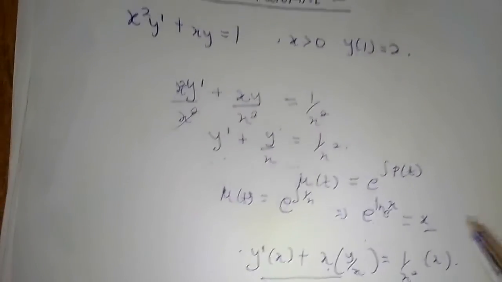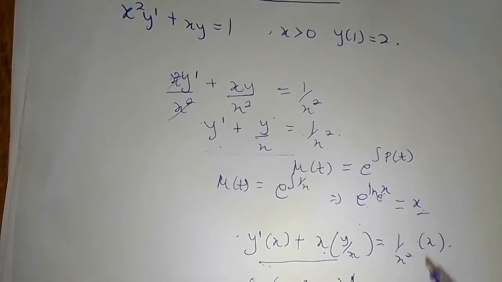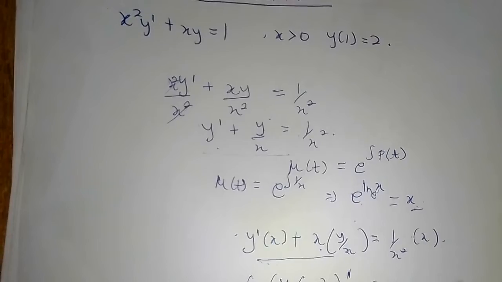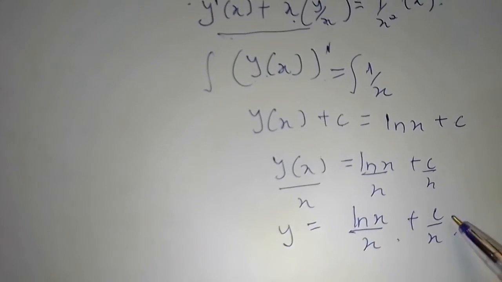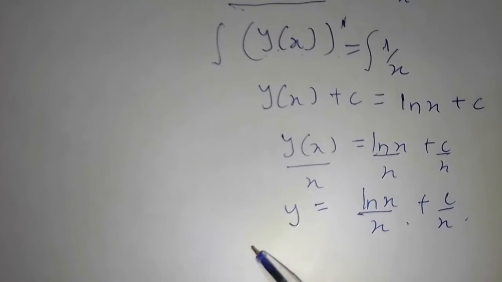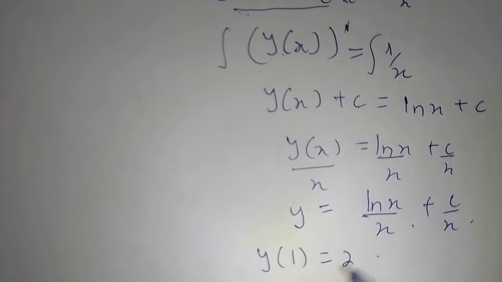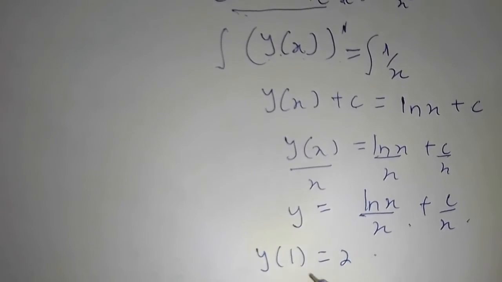But from the initial condition, y of 1 is equal to 2, and it said x is greater than 0, because if x is 0, it becomes undefined. So we have to apply the initial condition to get the value of c. Wherever we see y, we put 2, and wherever we see x, we put 1.